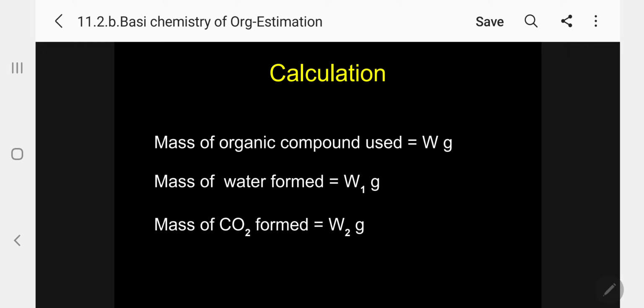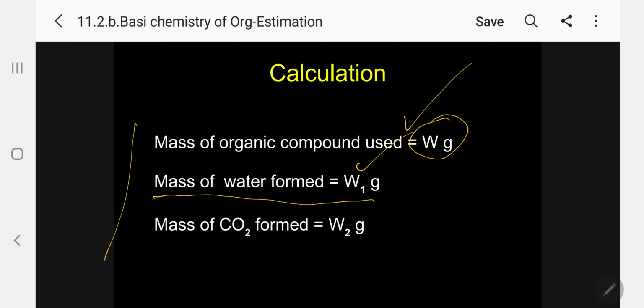From this experimental procedure, we are getting three pieces of information. One is we are taking a known amount of organic compound, W gram. Then from the difference in weight of the anhydrous calcium chloride tube, we know the weight of water formed, W1 gram.